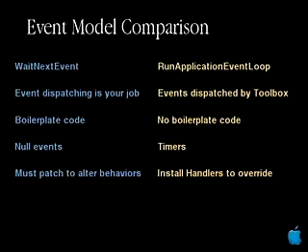So here's a comparison of the current WaitNextEvent model with the new carbon event model. With WaitNextEvent, it's basically your job to do everything. You pick up an event from the system, and then you decide what to do with it. So you have to dispatch the events.